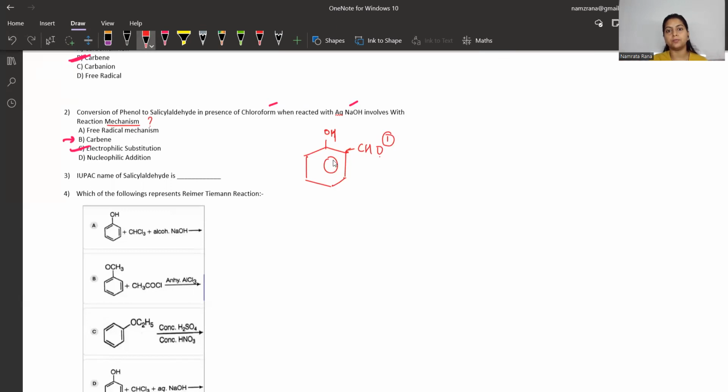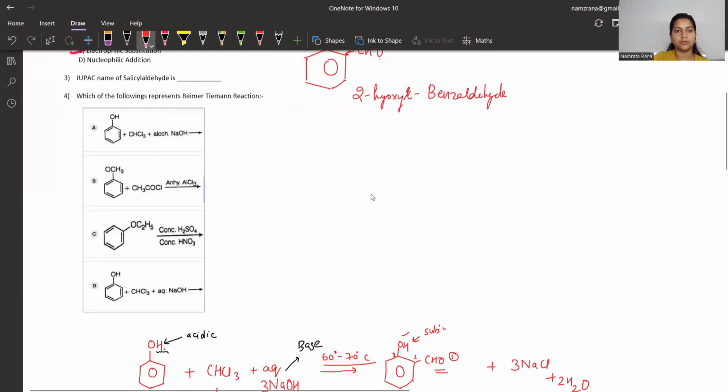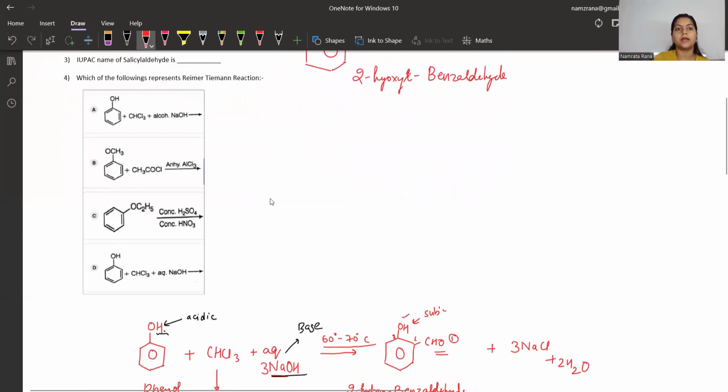So CHO group on benzene is known as benzaldehyde, and this OH will become a substituent. So it is present at the second position. So you write 2-hydroxybenzaldehyde, right?